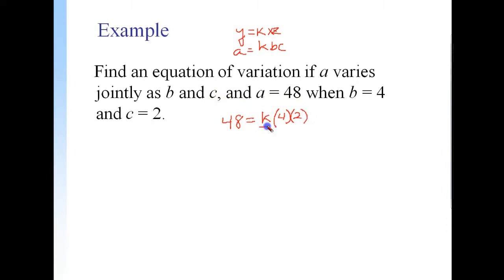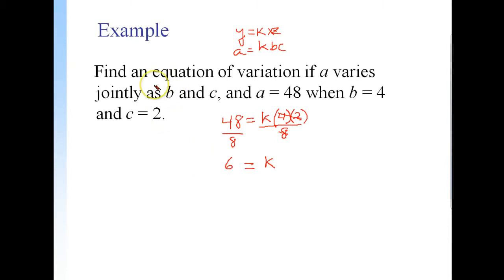So we're going to divide now both sides by 8, because 2 times 4 is 8, so these cancel out, and we get that K will equal 6.